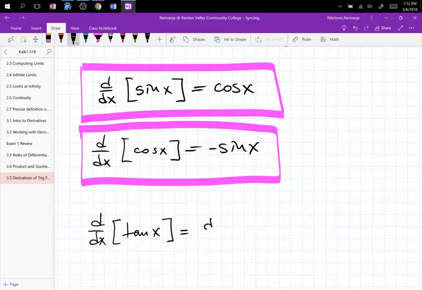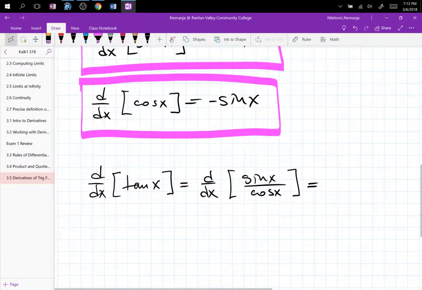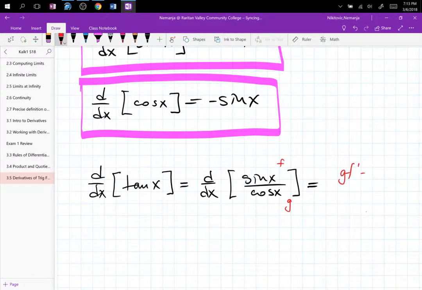Sine over cosine. So the derivative of sine over cosine, and this is what we learned in a previous lecture, is the quotient rule. F, G, so what do I need? G F prime minus F G prime over G squared. Let's go.